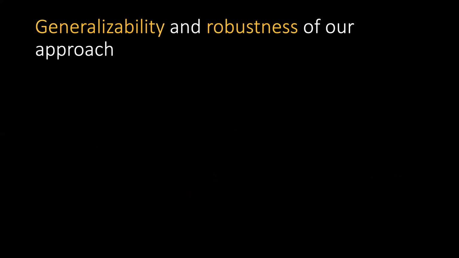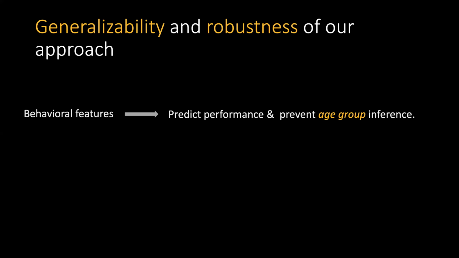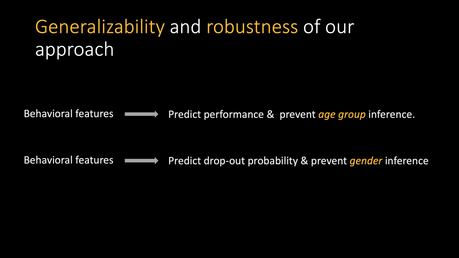Now we examine how generalizable and robust our approach is. In the paper, we provide cross-validation results over randomized data splits, as well as show how our approach generalizes to other settings and tasks. But very briefly, we followed a similar approach to predict performance while preventing age group inference, and to predict dropout probability of students while preventing gender inference.